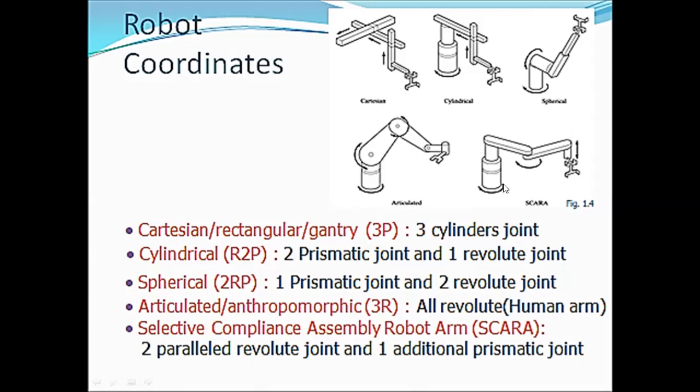You can understand here that these are the two parallel rotational joints, meaning the axis of this body and the axis of this joint are parallel to each other and have rotational movement. And the last is the one prismatic joint, which has a translatory motion, and this motion will be controlled.